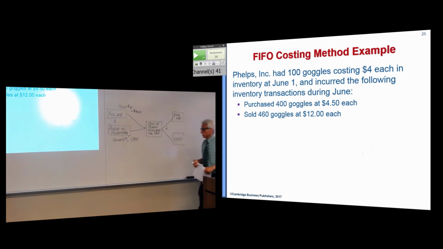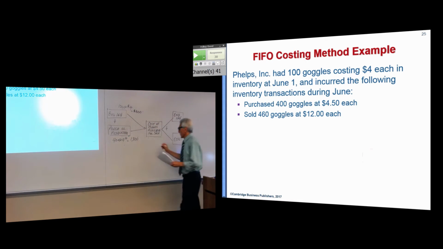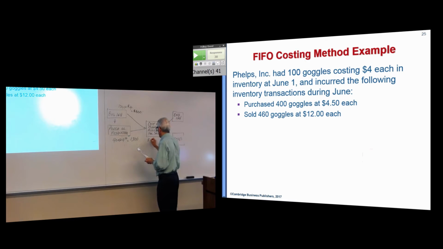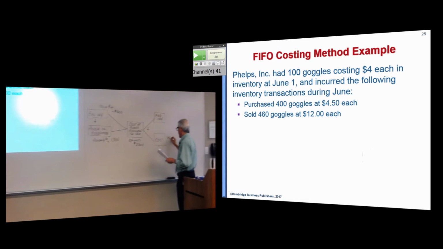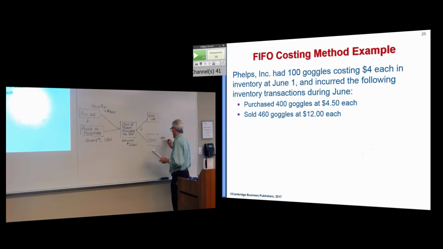In this case, we wind up with 500 units at a total cost of $2,200. And they said they sold 460 units. So if they sold 460 units and you had 500, then 40 units have to be in ending inventory.